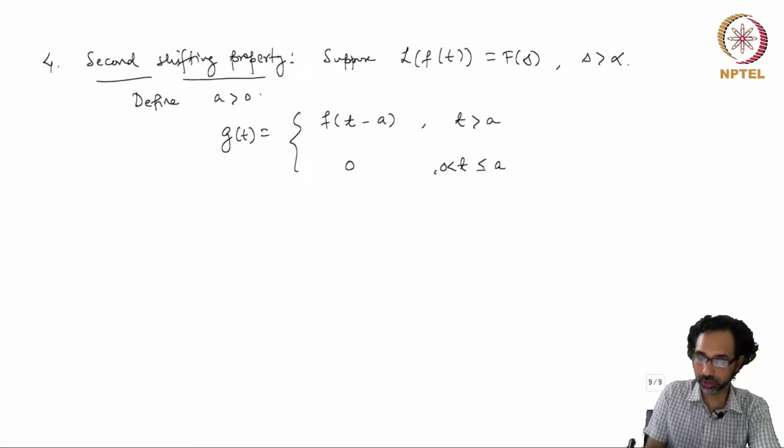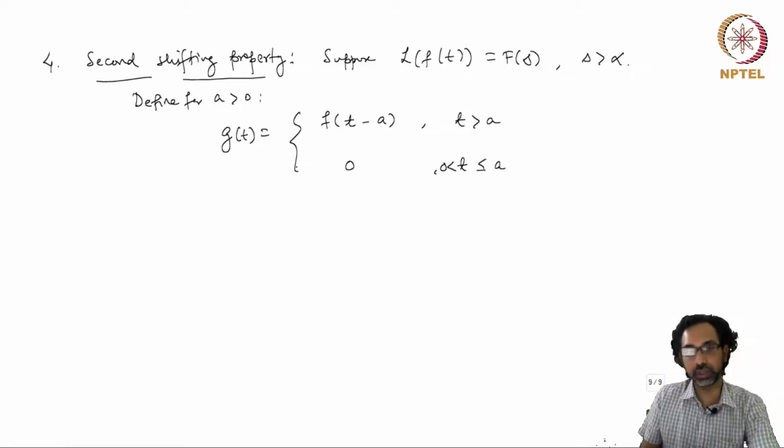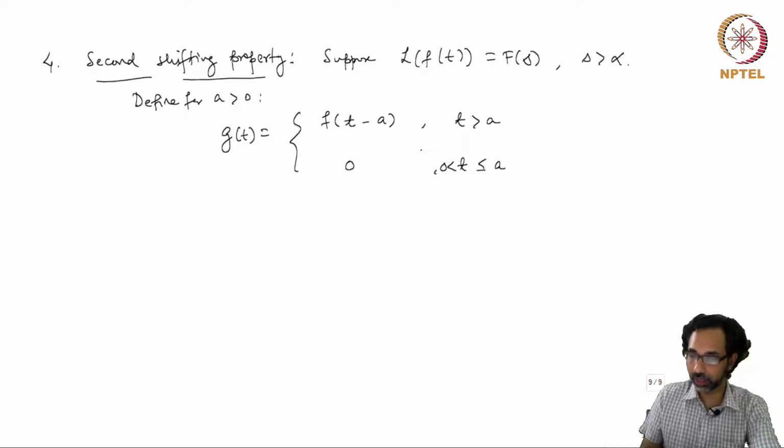So a here is a positive constant. Now we have shifted the whole function f(t) to the right by defining this function g(t) to be f(t minus a) for t greater than a. So this means that when t approaches a, then g(t) approaches f(0). So our domain gets shifted to the right, and this is why it's again called the shifting property.